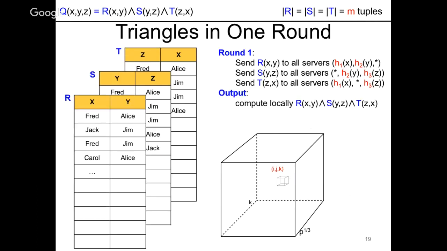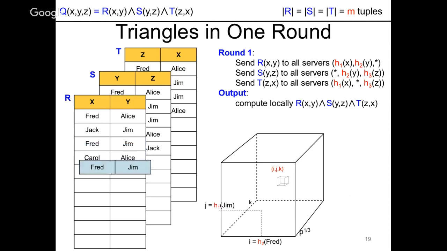Then what we do, in the single communication round, is this: every server that has a fragment of the R relation will compute 2 hash values, one on X and one on Y. That gives it 2 of the 3 coordinates. We know the I coordinate and the J coordinate in the cube, but we do not have the K coordinate, the 3rd coordinate.